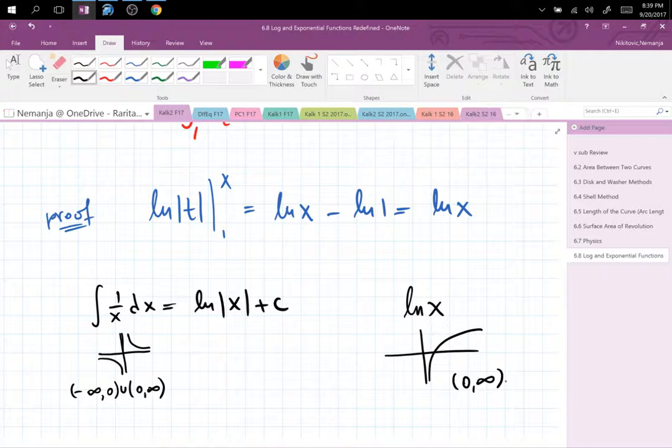Now you can have a mathematical operator that changes one function into another and kills half of its domain. Imagine your limits of integration are negative 3 to negative 1, which would be perfectly valid because the function is 1 over x. Without absolute value, that would not be computable at all.